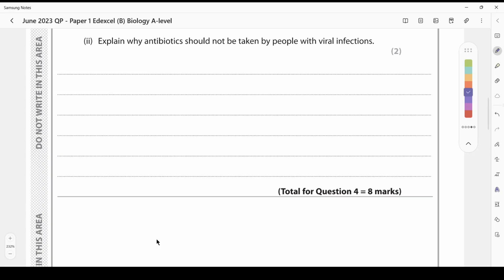Okay, so let's write that down. Antibiotics do not work on viruses because viruses are not cells, right?